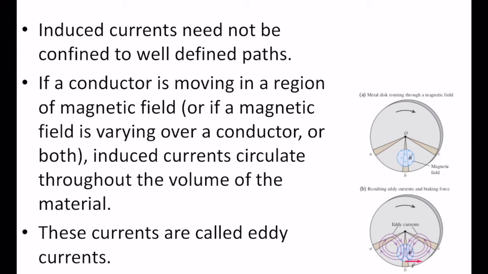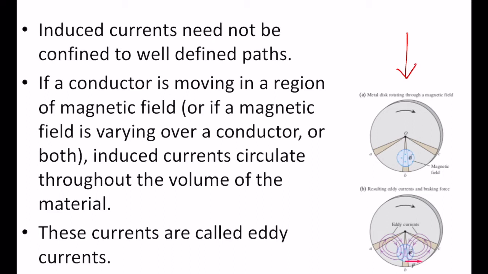Looking at this figure, can you think of a practical application of this? You have a metallic wheel rotating, and part of that wheel is passing through a magnetic field. It's rotating through a magnetic field. What would be a practical application of this?